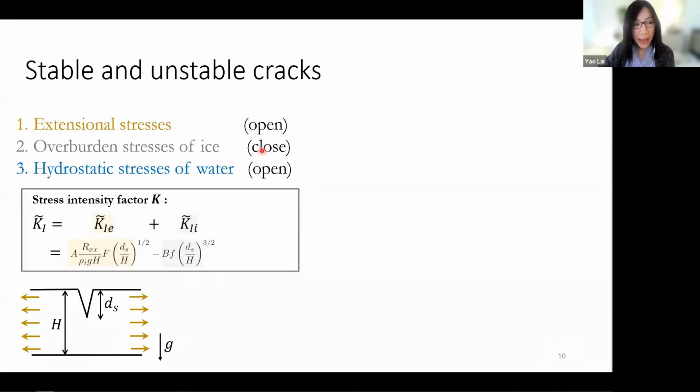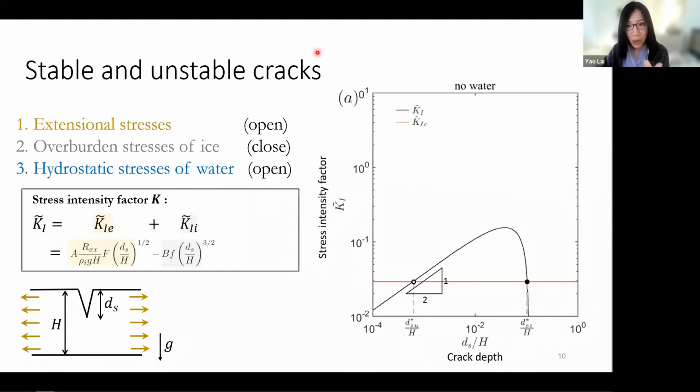So what do we mean by stable and unstable cracks? We can quantify the crack stability by calculating the stress intensity factor as a function of the depth of the crack. And here, the stress intensity factor is related to how fast the elastic strain energy is released as the crack propagates.